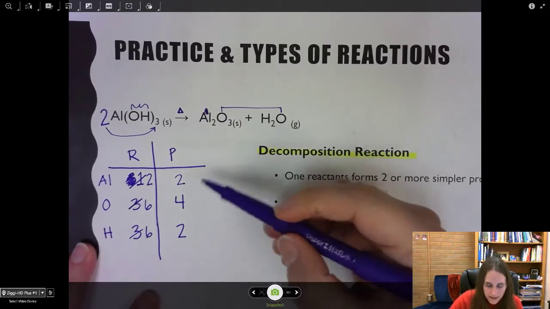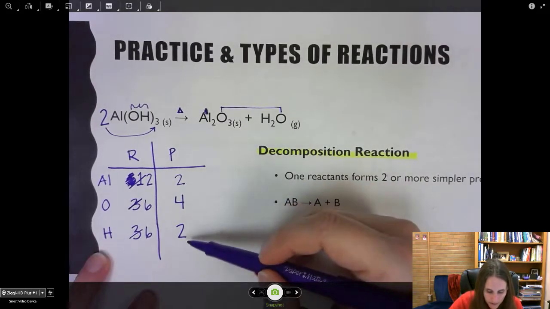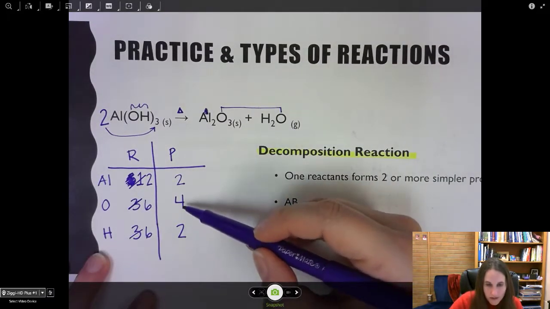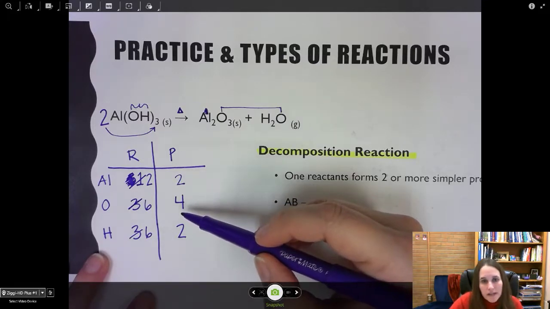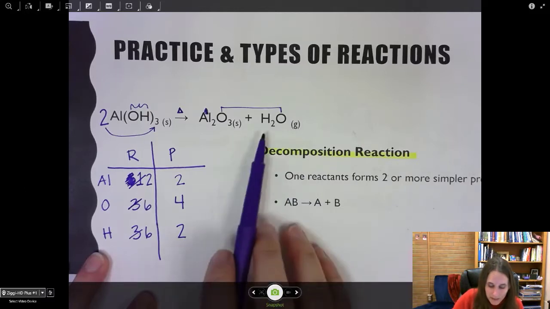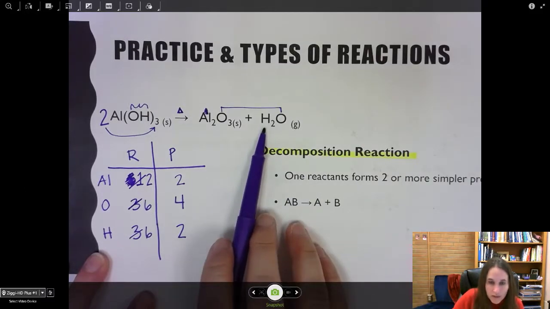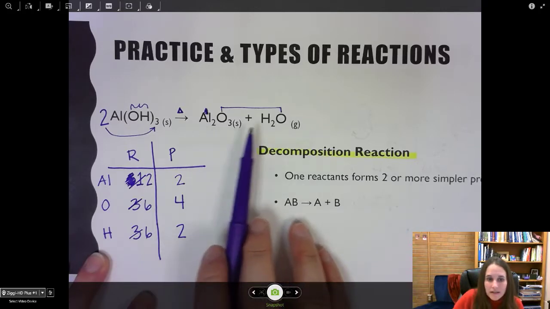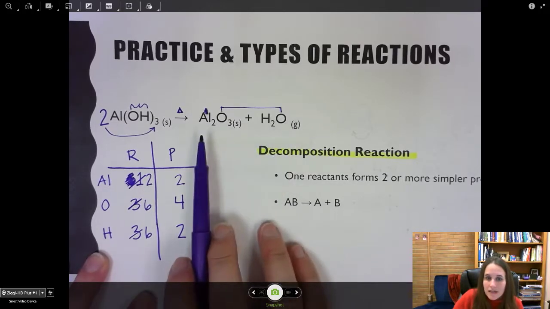So next, I have to decide, do I want to focus on hydrogen or do I want to focus on oxygen? And I'm going to choose hydrogen. And the reason I'd like to choose hydrogen next to try to balance is because hydrogen is only located in one place on my product side, whereas my oxygen's located in 2.